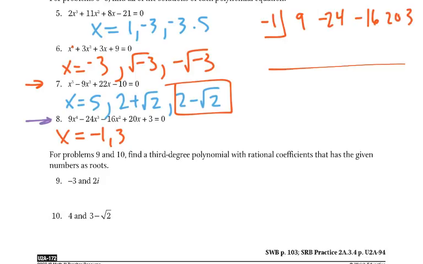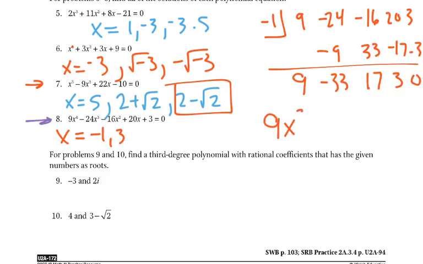Okay, bring down the 9, get negative 9 when we multiply, add it, negative 33, negative 1 times negative 33, add it. That would give us what, 17? Positive 17, so negative 17, add it, we'd get positive 3, negative 3, we'd get 0. So now I end up with 9x cubed minus 33x squared plus 17x plus 3.